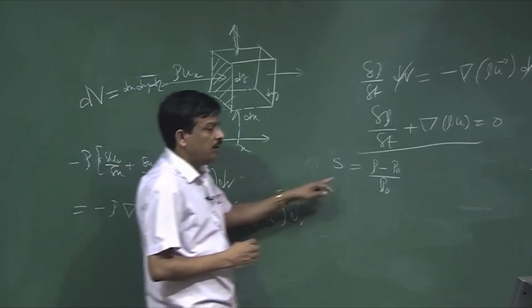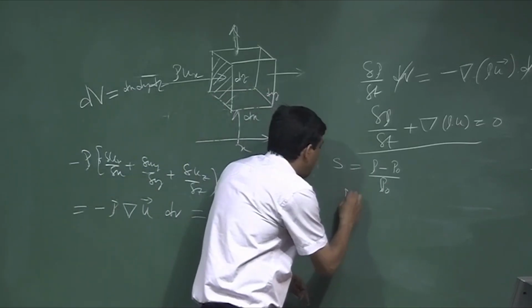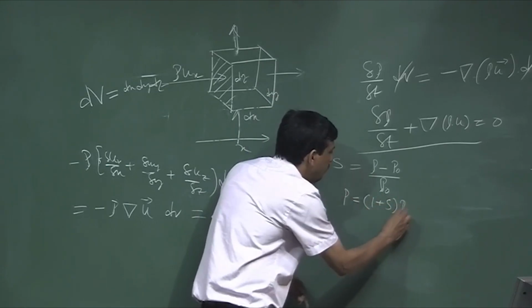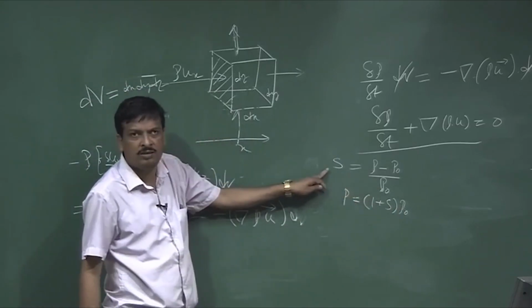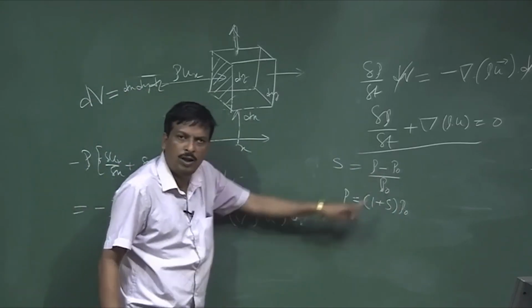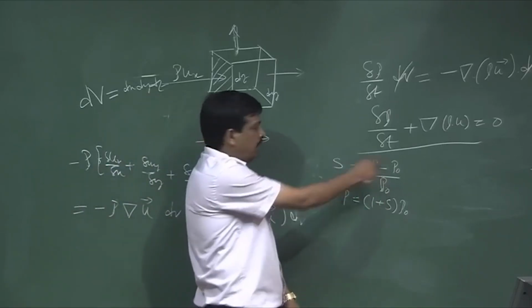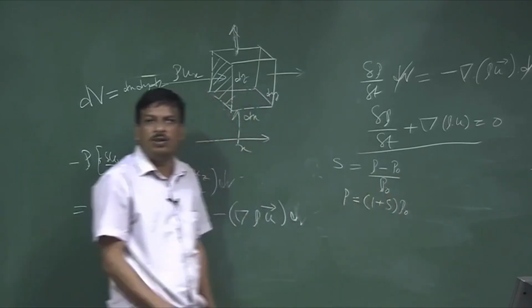So, I can say rho is equal to 1 plus S into rho 0. Rho 0 S plus rho 0 is equal to rho.